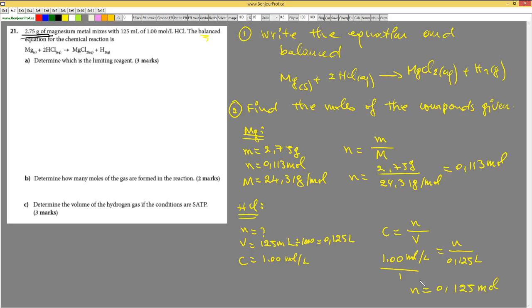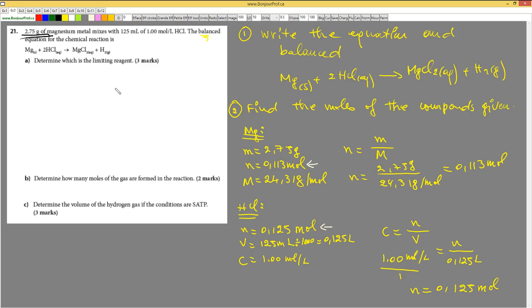You know how to do this calculation? Okay, so the number of moles here, I'm going to change it to 0.125 moles. So this is the second step. The second step is finding the moles. Did we find the moles or not? Yes, we found the moles here and we found the moles here for HCl.